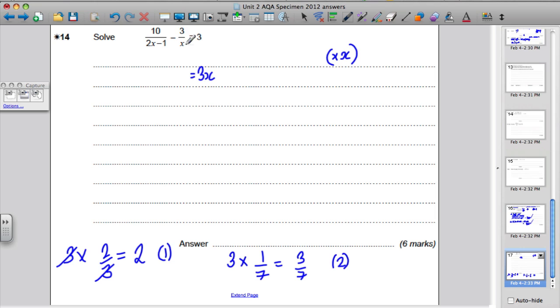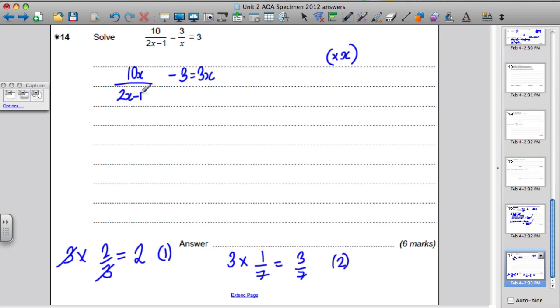Over here, 3 over x times x, well, using rule 1, that would just leave me with 3, because multiplying a fraction by its denominator just gives the numerator, and it was a minus. 10 over 2x minus 1 times x, well, the x just multiplies the numerator, so I get 10x over 2x minus 1. Okay, good first step.